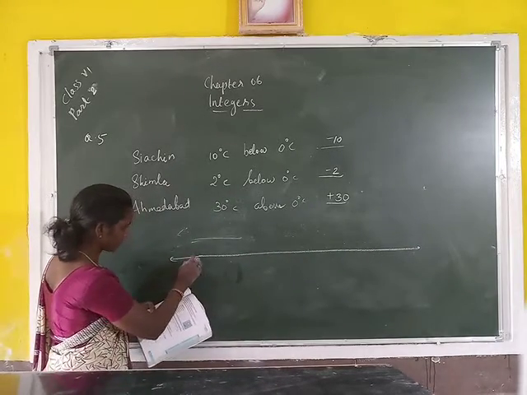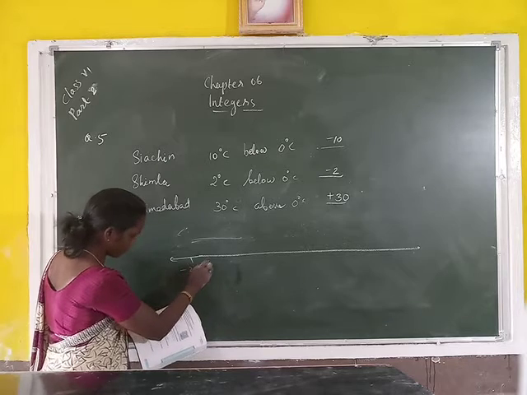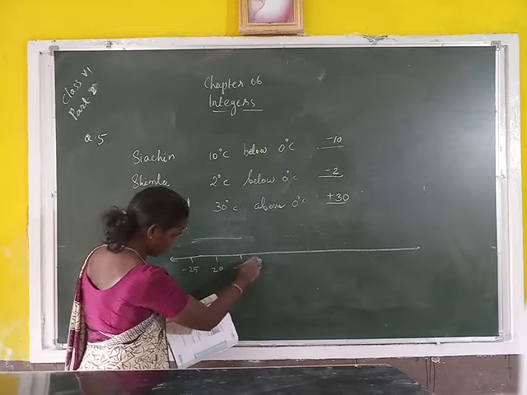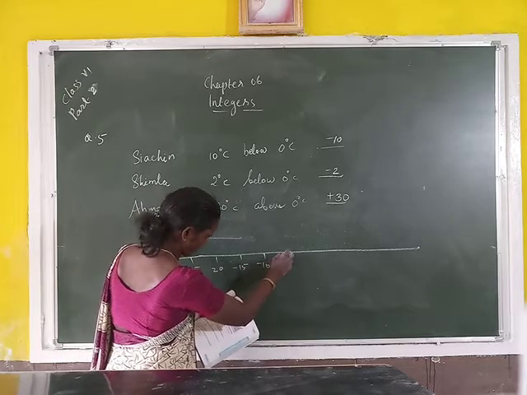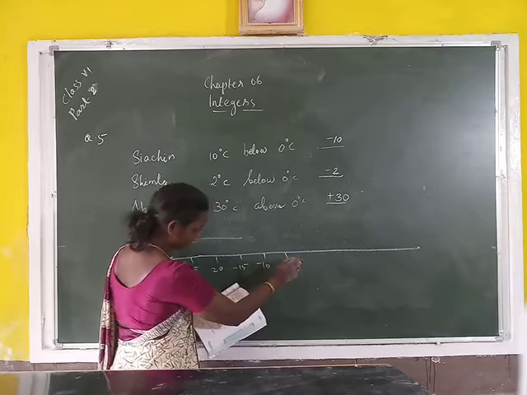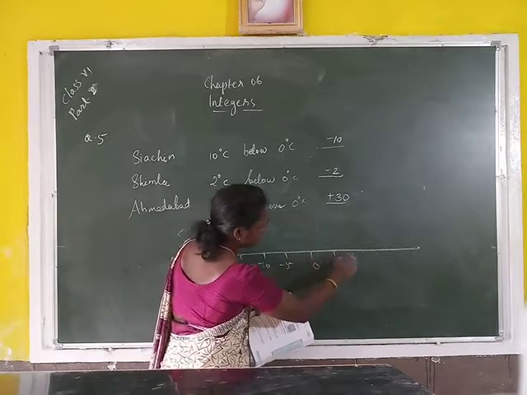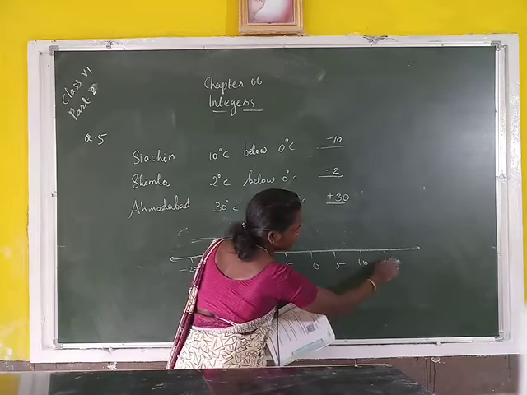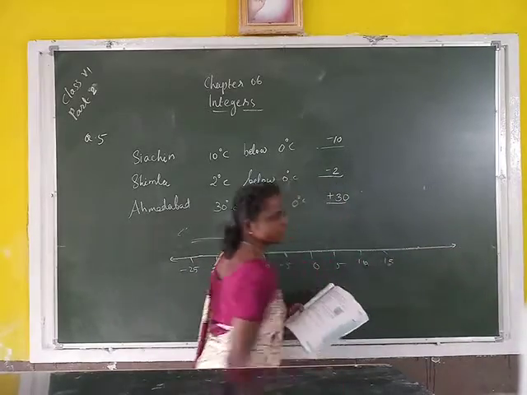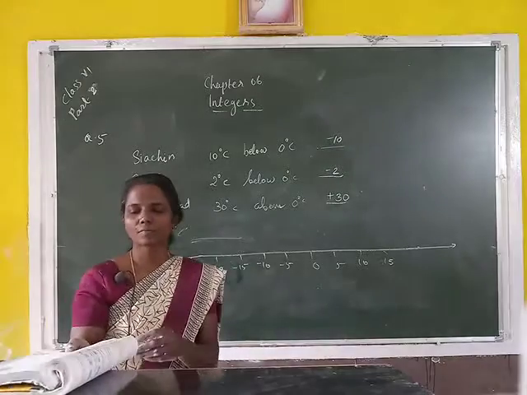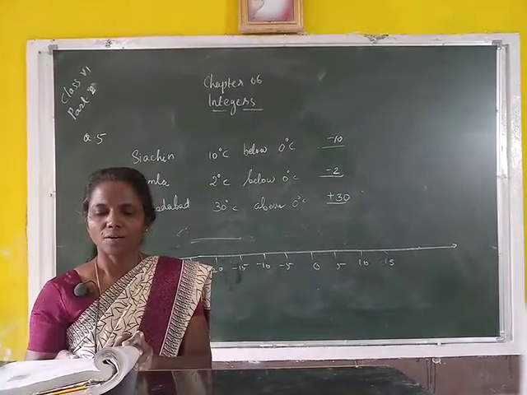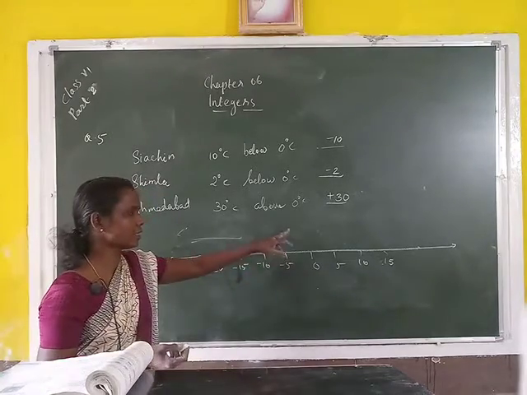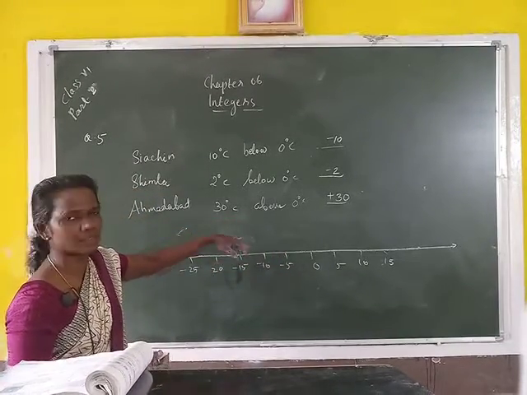Look, -25, -20, -15, -10, -5, then 0, positive +5, 10, 15, likewise you should complete this line. And listen here, plot the name of the city against its temperature. You write the name of the city against this temperature.